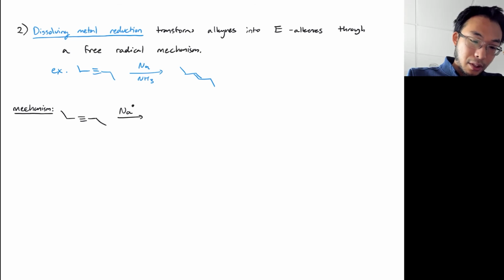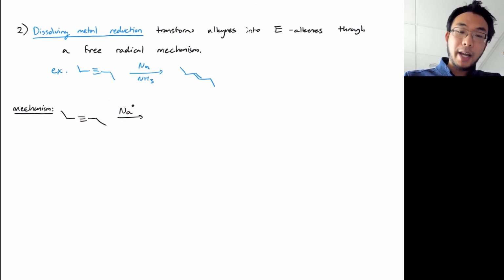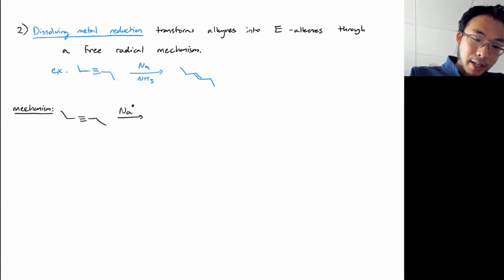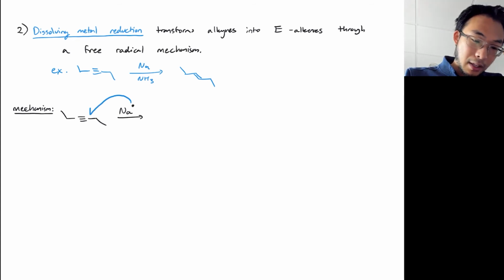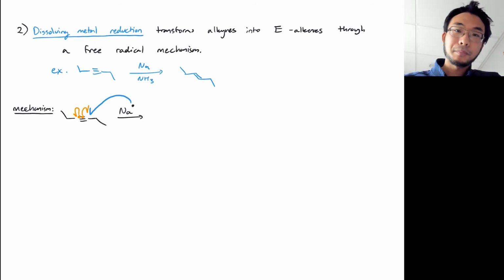But what we're going to show is that this sodium is going to reduce the alkyne by adding this electron to the alkyne. The way I'm going to show that is to use a single-headed arrow because a single electron is being transferred. And I'm going to use, again, a single-headed arrow to kind of break apart my alkyne pi bond here.